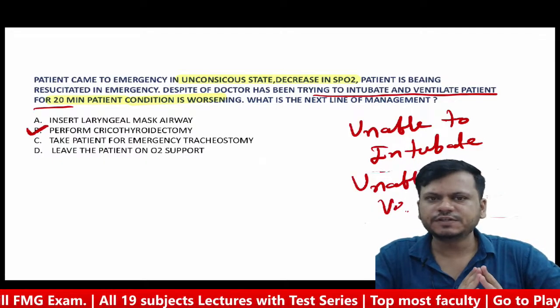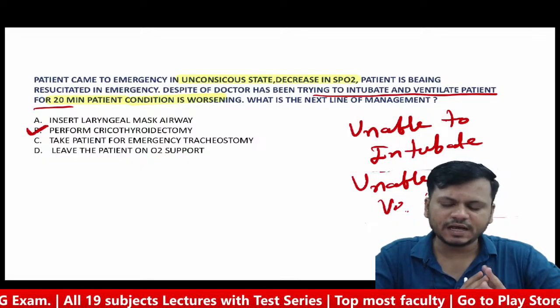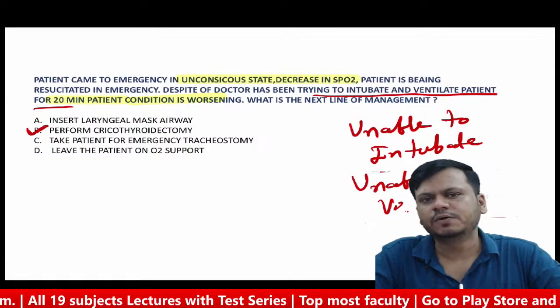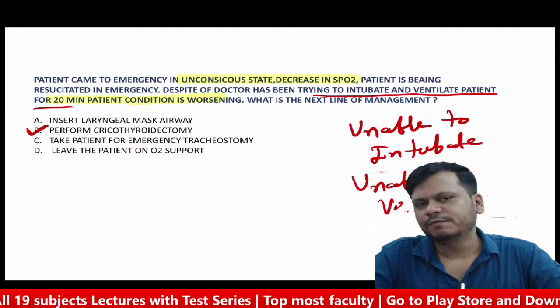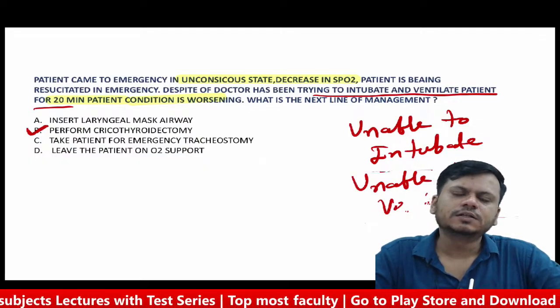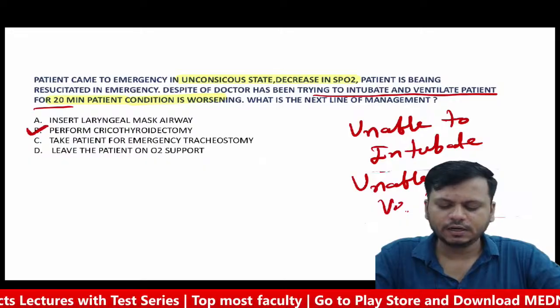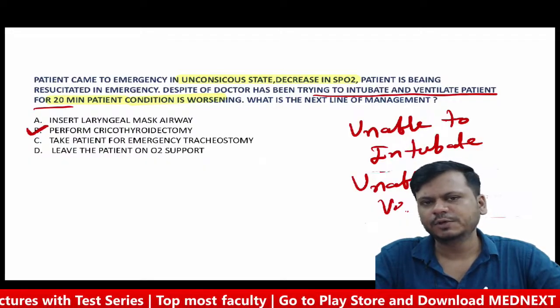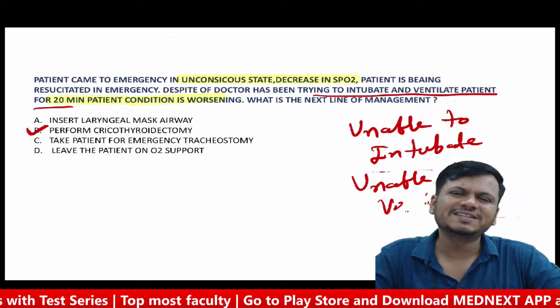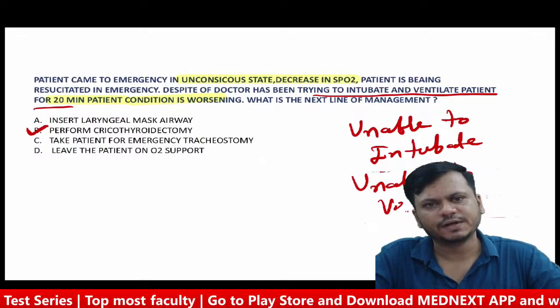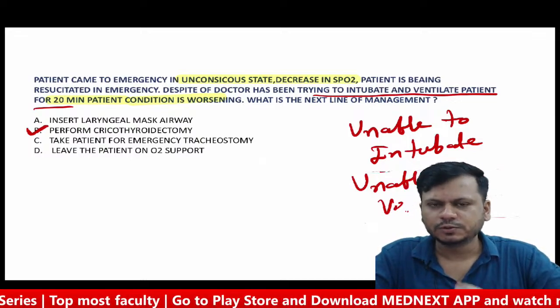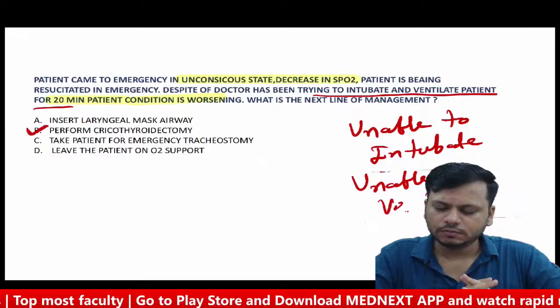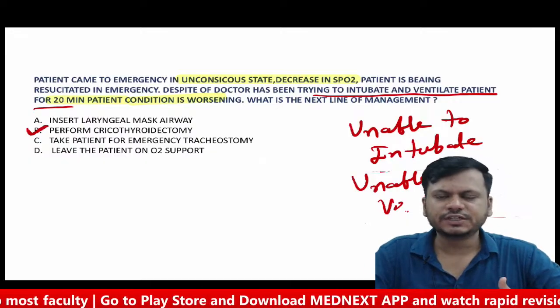Third question which can be asked, best line of management over here: if we are not able to intubate, then best will be tracheostomy. Okay, because tracheostomy is also a definitive airway. So these are three scenarios by which the question can be tricked.